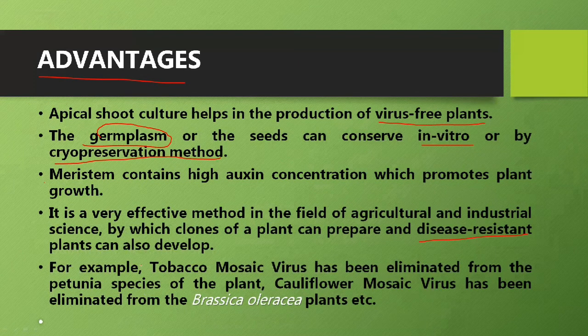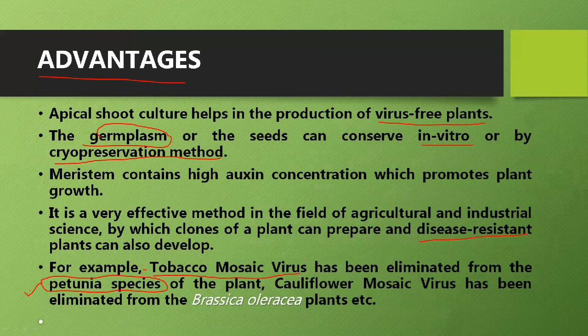An example used in experiments is the tobacco mosaic virus, TMV, which has been eliminated from Petunia species. Petunia is an ornamental flowering plant affected by tobacco mosaic virus, and with the help of meristem culture, this virus can be prevented, and thus we can get virus-free plants.